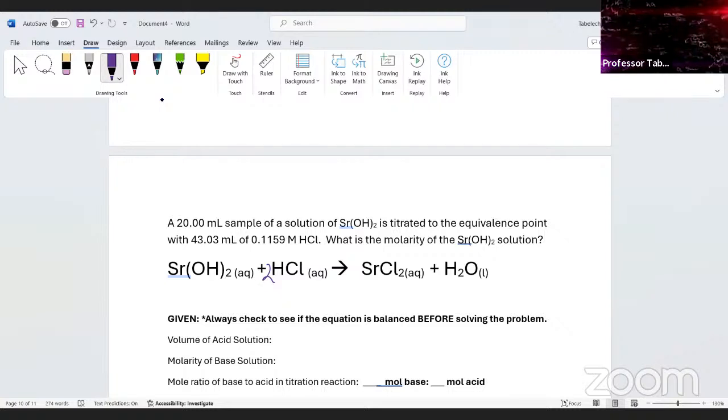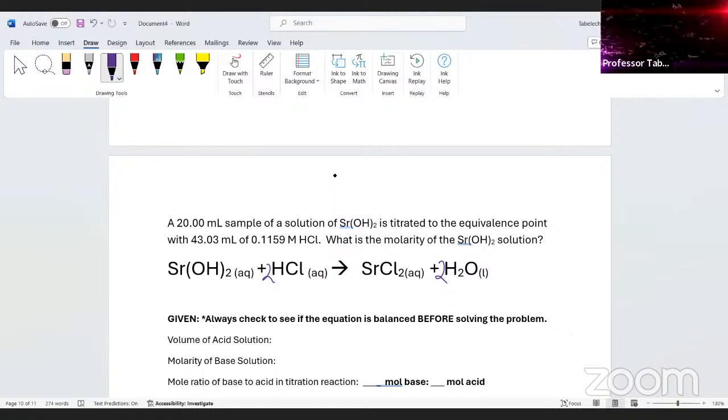I've got 1 strontium on the left, 1 strontium on the right. 2 oxygens on the left, and I got 1 on the right. And guess what I need to do? I need to balance that also. So I'm going to put a 2 in front of H2O. Now I've got 2 oxygens on both sides. I've got 2 chlorines on the left, 2 chlorines on the right.